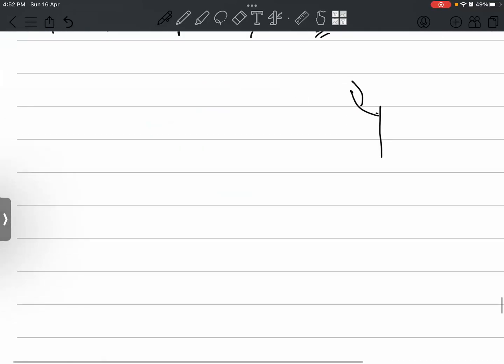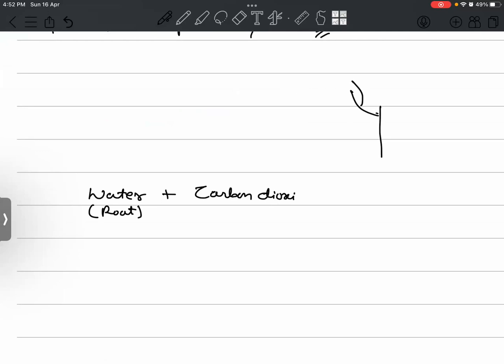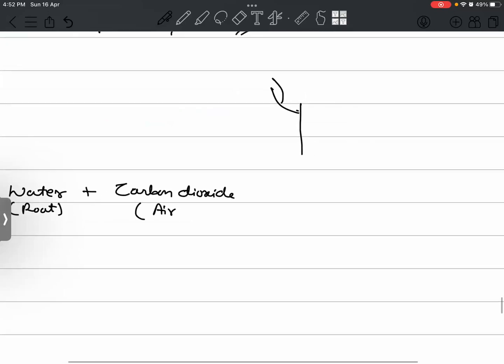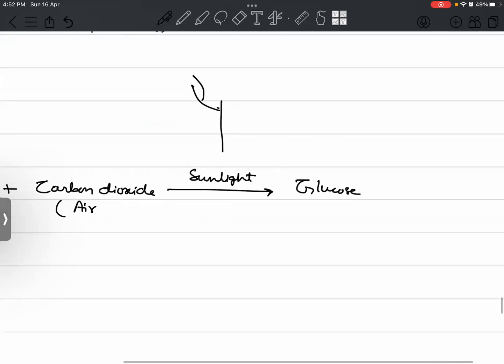Let me summarize it again. In the presence of water, that is taken up from the root, and carbon dioxide, which the plants take up from air, and in the presence of sunlight, plants make glucose and release oxygen in the atmosphere.